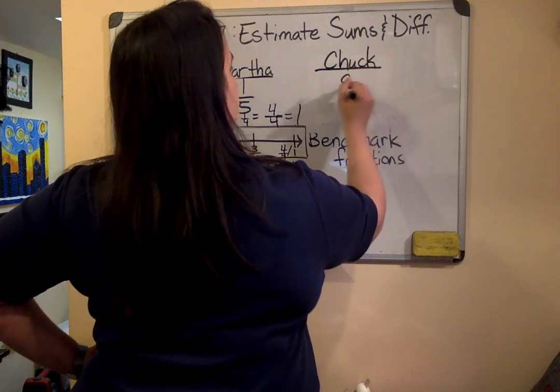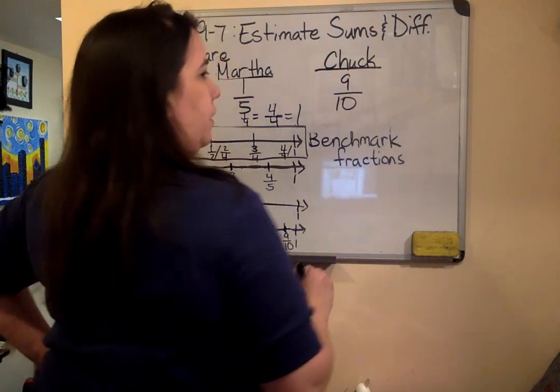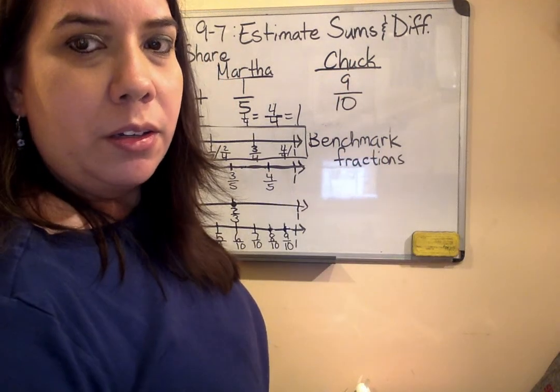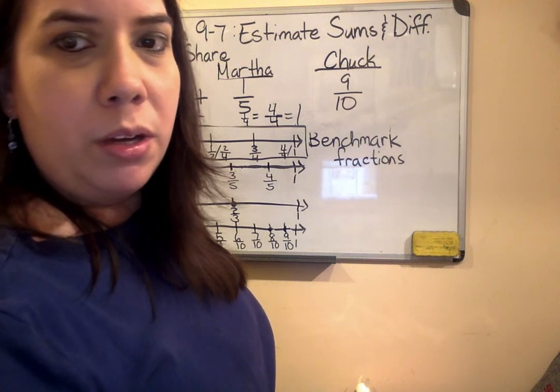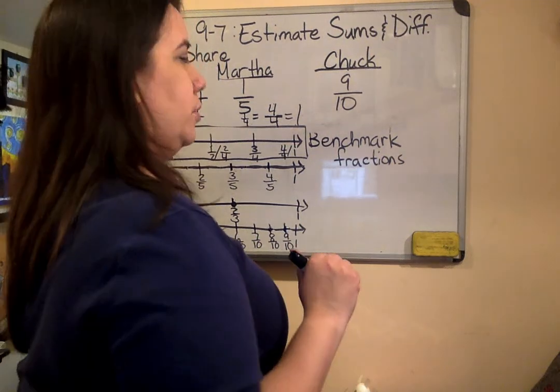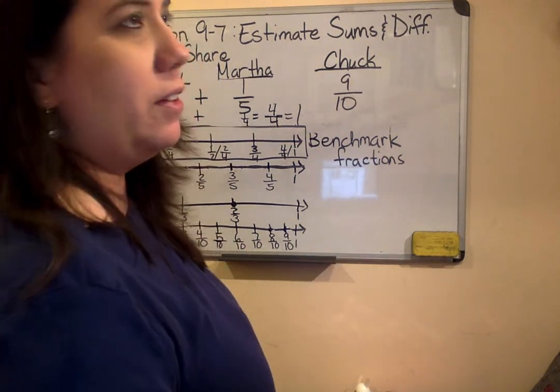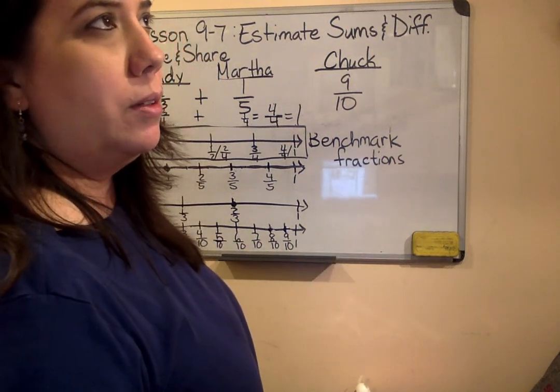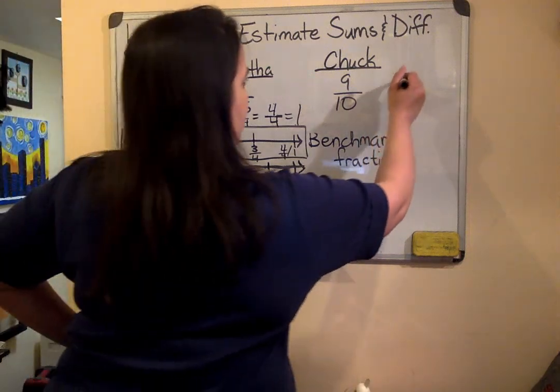And que Fana compró 1/4 of the difference, un cuarto menos que él. So if I want to know if she bought 1/4 less, I'm going to do what? I'm going to subtract, right? Vamos a restar.